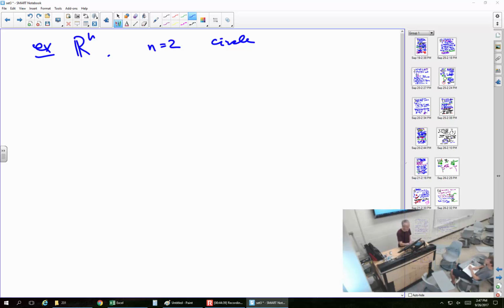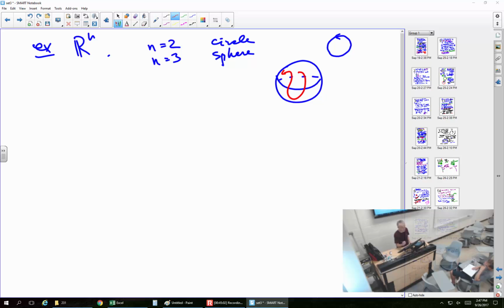But if n is higher than 2, n equal to 3 is a sphere, and then you realize you have much more room to move. If it is a circle, it is a circle. You might try to move back and forth, slower and faster, but it's still not a lot of room in comparison to a sphere. You can actually move in an arbitrary way like this. So that's what I'm talking about.